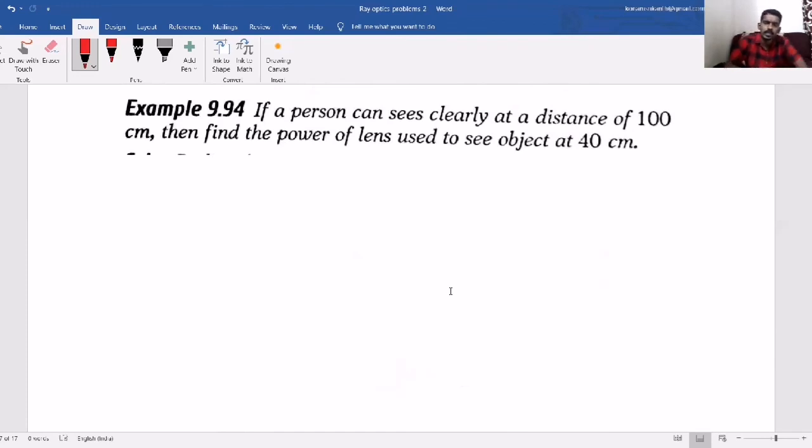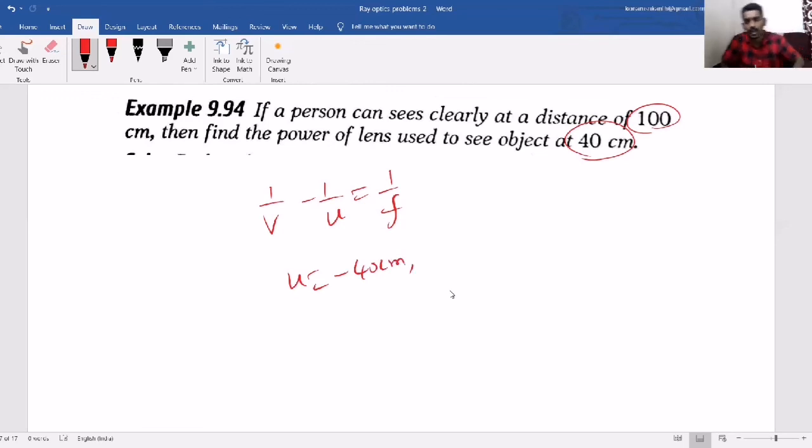And here, if a person can see clearly at a distance of 100 centimeter, then find the power of the lens used to see an object at 40 centimeter. He can see beyond 100, so the object is at 40. So it is like hypermetropia. What I said in case of hypermetropia: 1 by V minus 1 by U equal to 1 by F, where they will mention the object distance. Here the object distance is -40 centimeter.